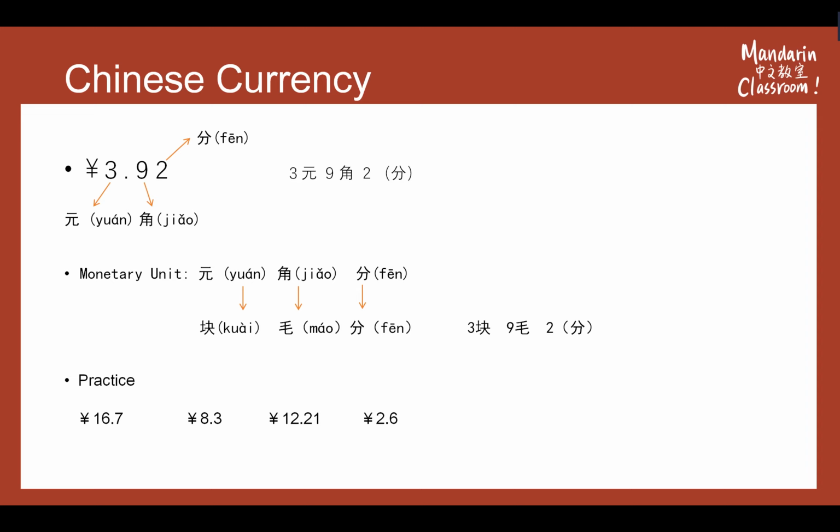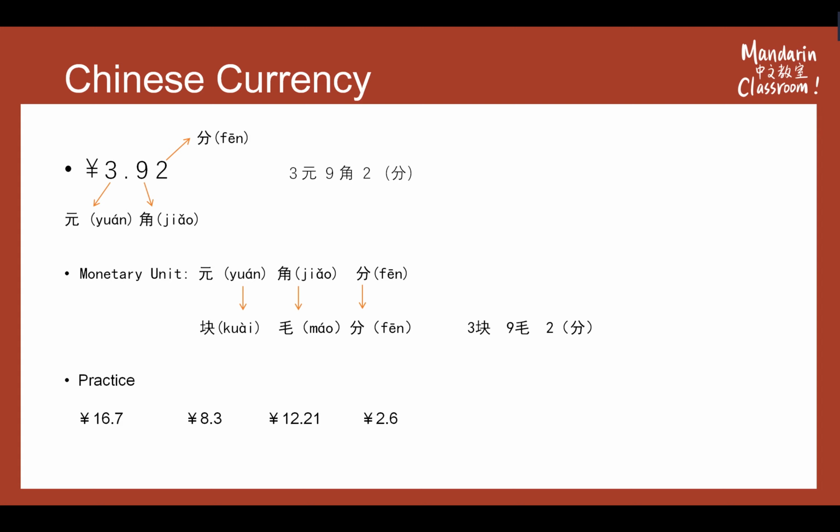But in oral speech we have other expressions for the monetary units. That's the second point, monetary units. So you could see yuan to kuai. They're totally the same. 角 to mao. Fen is the same as fen.